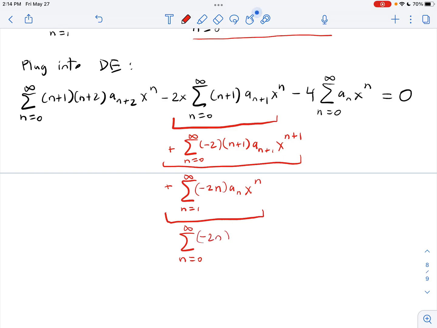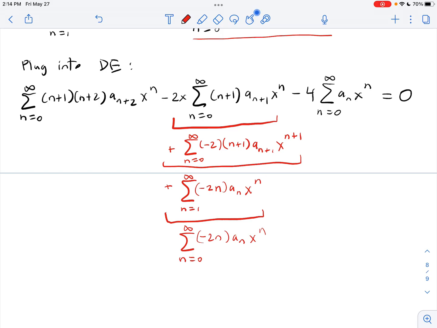Why am I allowed to do this? Well, if I plug in n equals 0 here, doesn't that give me 0 anyway? So I haven't really changed anything. I need to do that because otherwise I would have to separate off the first term from all the others and then combine the series, and I don't want to have to do that. And now I'm ready to go.